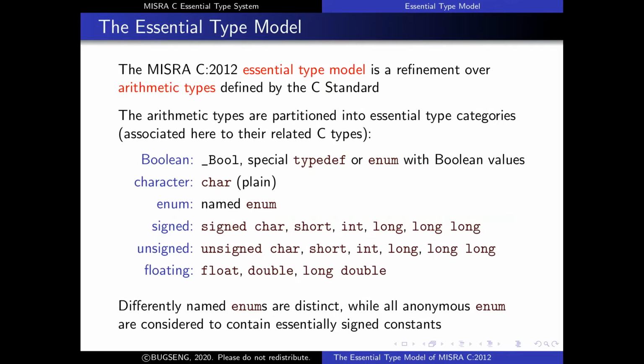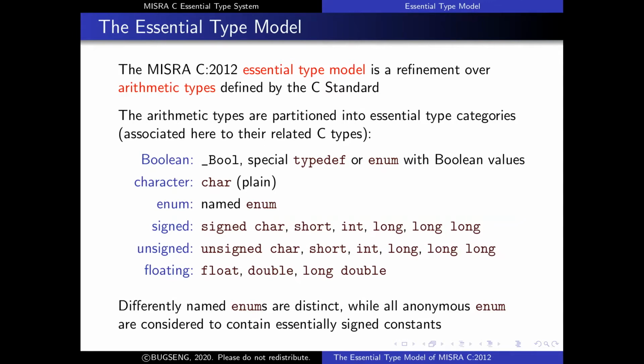The unsigned essential type category is used for unsigned char, short, int, long, and long long, all with unsigned in front of them. So unsigned short, unsigned int, unsigned long, and unsigned long long. The floating essential type category comprises the types float, double, and long double.